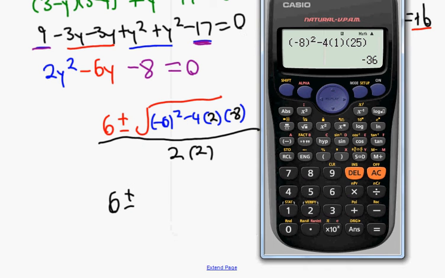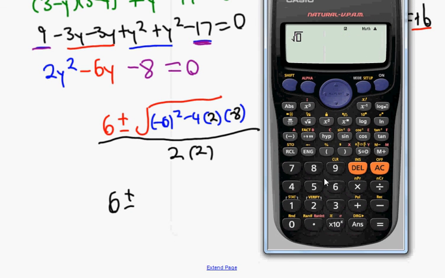Now, 6 plus or minus, recently, what has happened when we did this? It's not there. So, in this case, it will work. Why does it work? Because this question wasn't in the complex number section of the course.